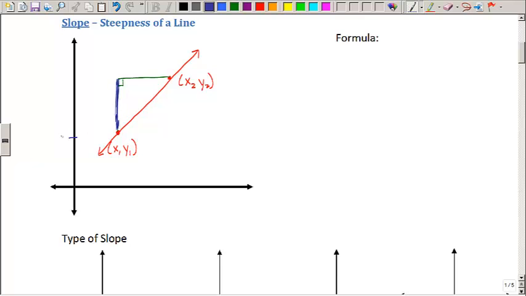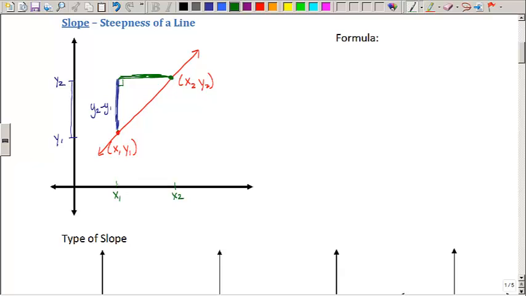When I'm traveling from the first point to the second point, how far am I changing vertically? If I move these values, y1 and y2, off to the side, you can see that I'm increasing from y1 to y2. And that distance is merely the second term minus the first term, or y2 minus y1. On this green distance right here, if I take my horizontal distance x1 and x2, traveling from point to point, how far am I traveling horizontally?